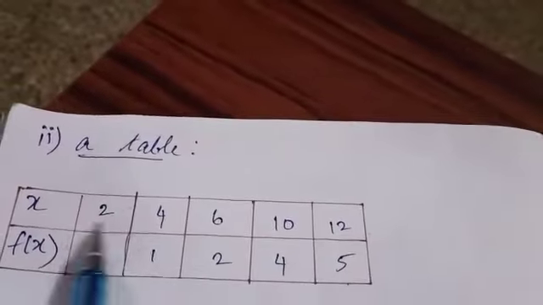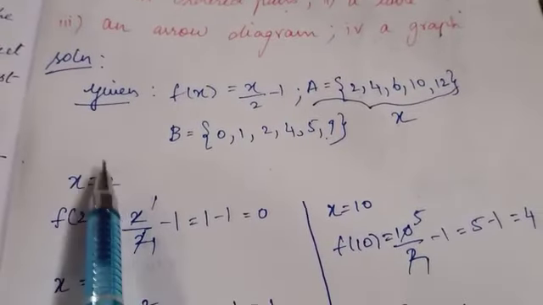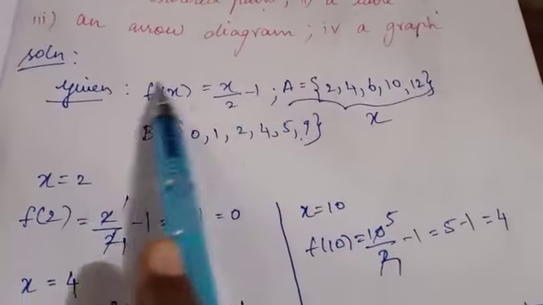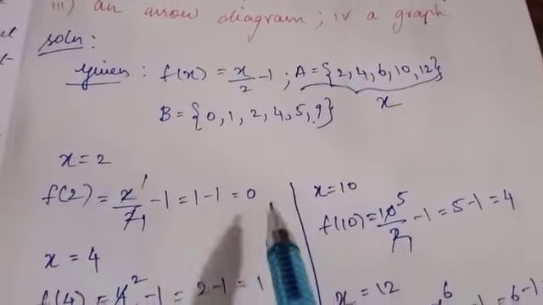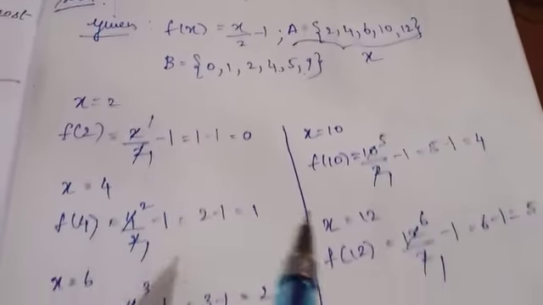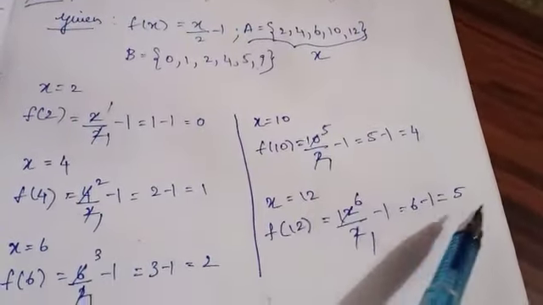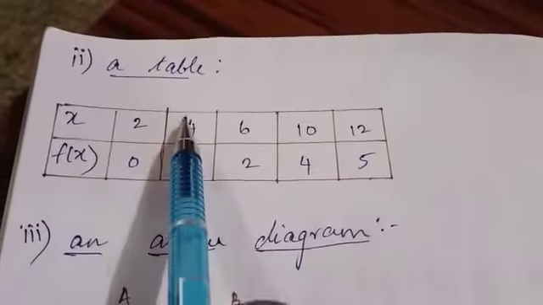Using 2, by substituting in this equation, we found our f of x as 0. For 4, we have found 1; for 6, 2; for 10, 4; for 12, 5. Yes, so I'm writing it.